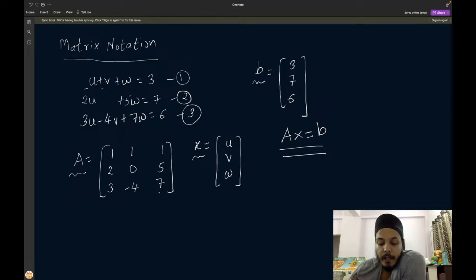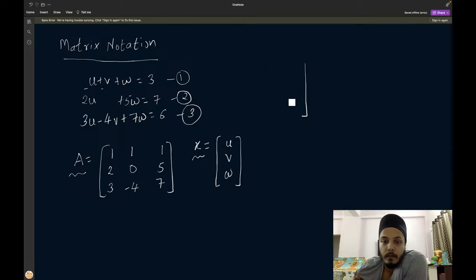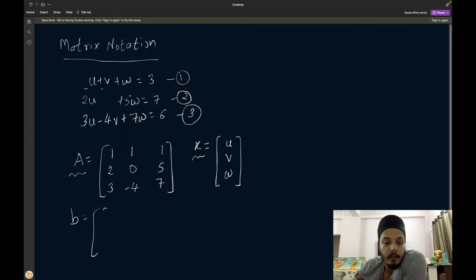Because we can add the matrices element wise, and when we multiply by a constant c, all the elements get multiplied by that constant. Let me show that using an example. Write b here. So our B is 3, 7, 6.